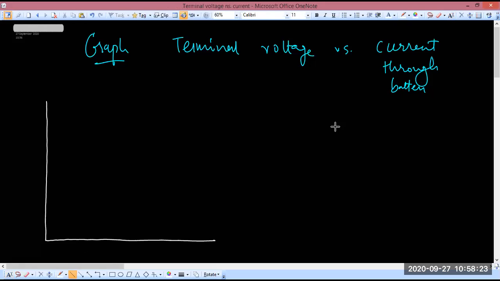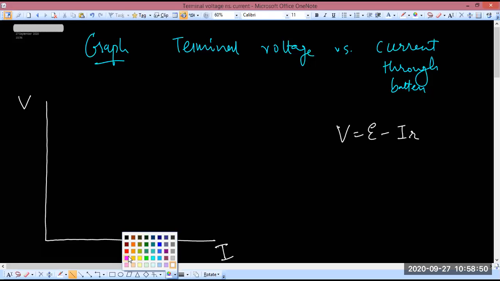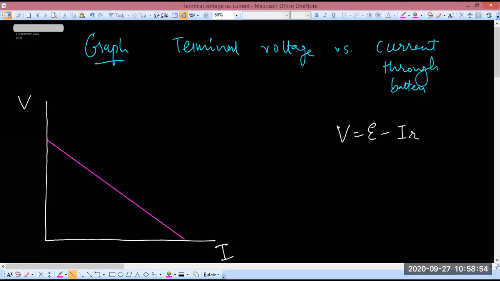ચલો વાંધો નહીં. Equation શું છે? Equation is V is equal to epsilon minus IR. Correct? Okay. So here I'm going to draw I, and here I'm going to draw V. If we draw a graph, I believe everyone understands the graph will be a straight line like this.